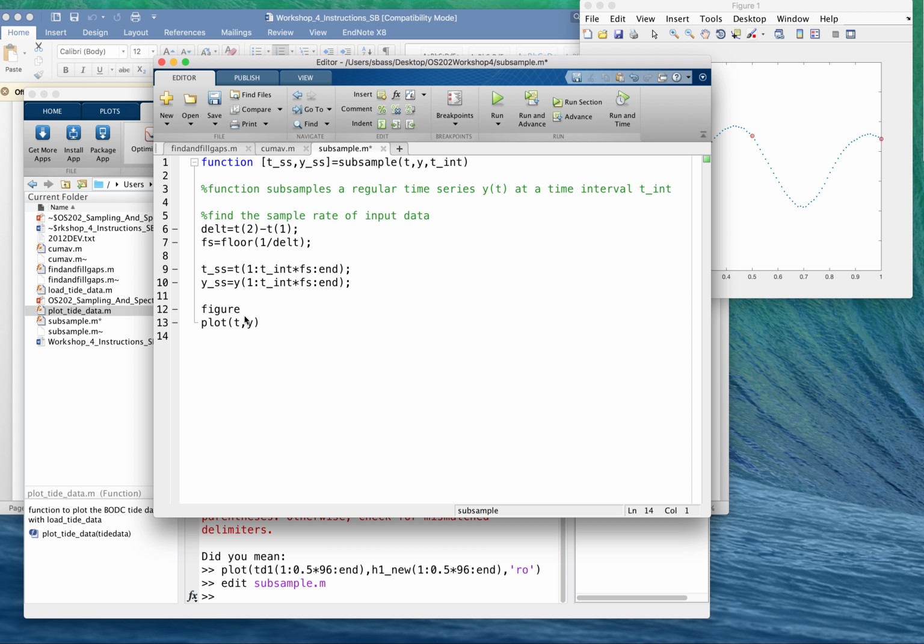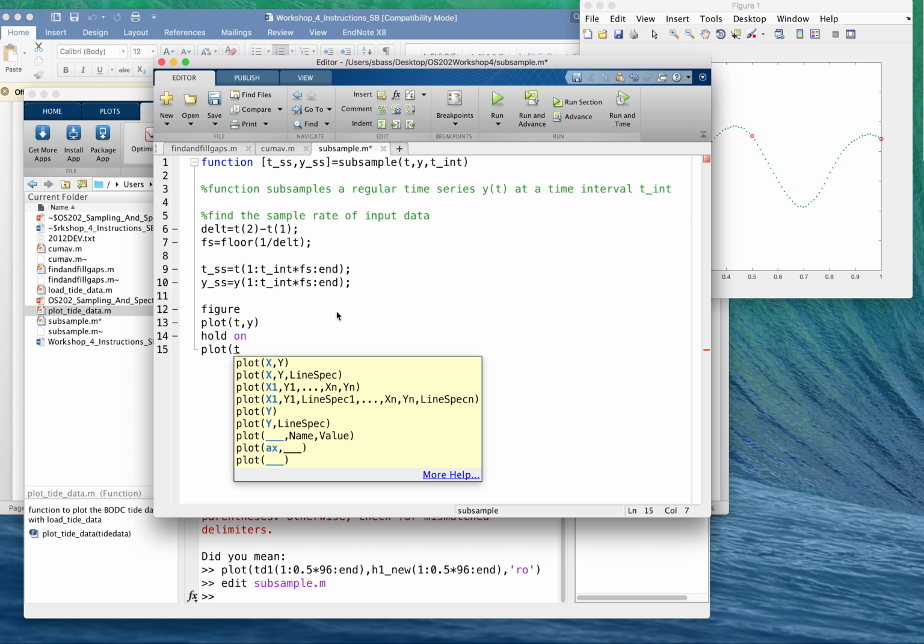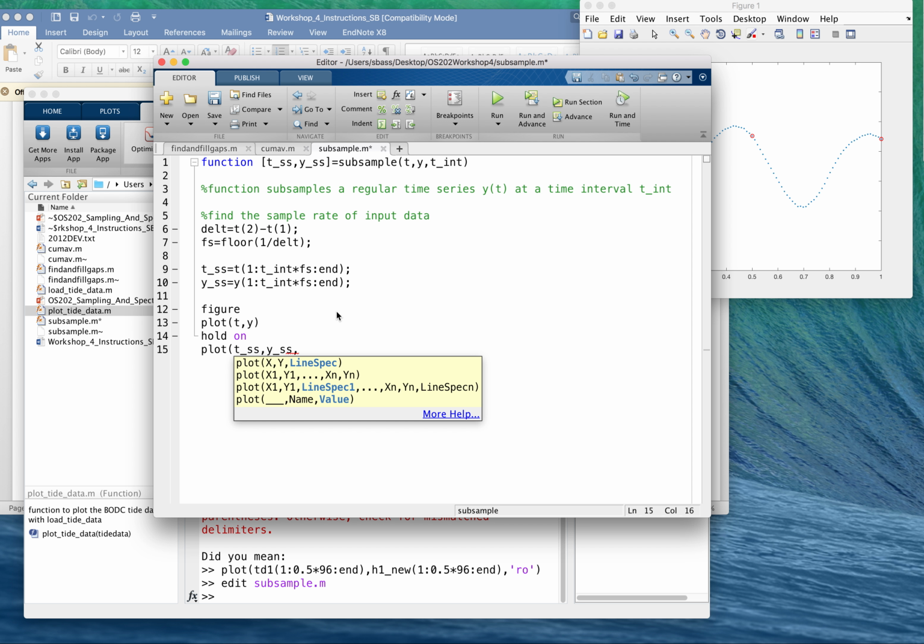So plot that and then hold on, and then we want to plot on top of it our subsample time series yss, and let's use red circles that are joined together with lines.